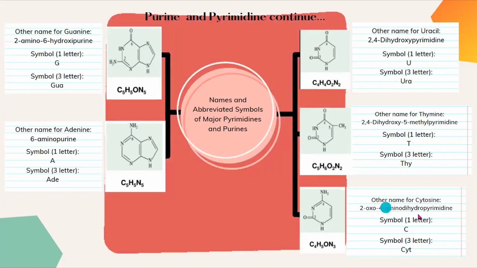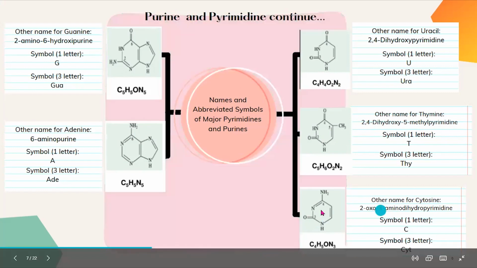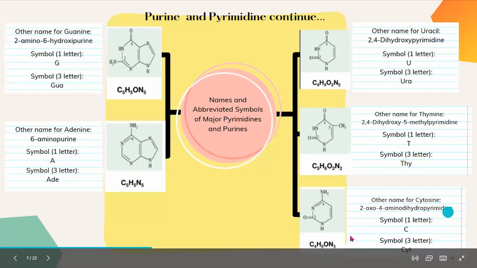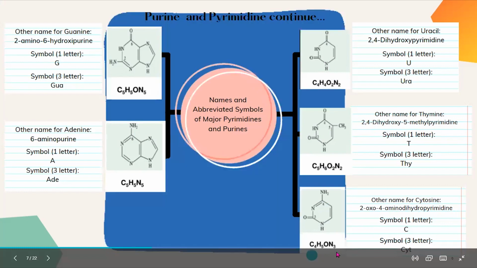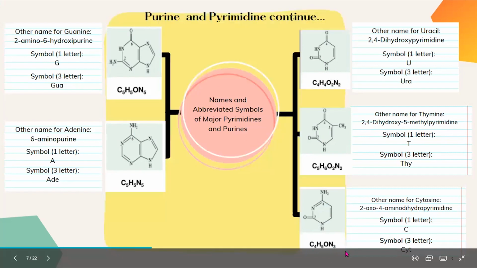Last but not least is cytosine, known as 2-oxo-4-aminohydropyrimidine with the molecular formula C4H5N3O.